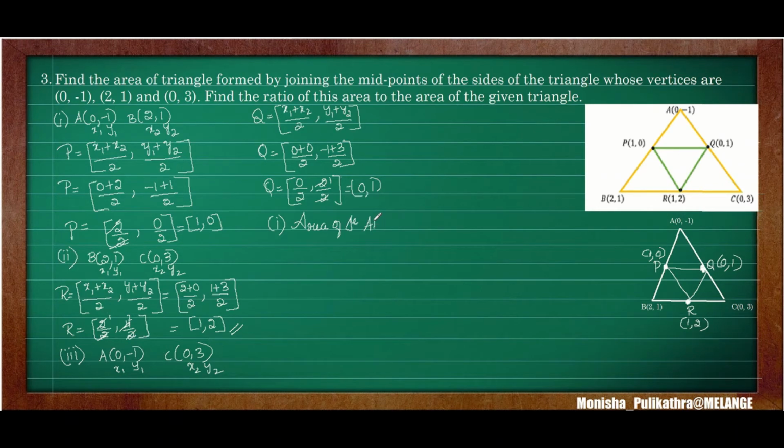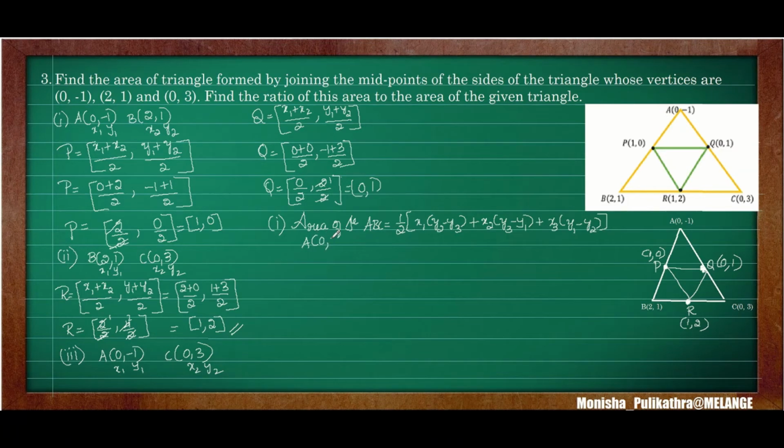So area of triangle ABC is equal to half into x1 into (y2 minus y3) plus x2 into (y3 minus y1) plus x3 into (y1 minus y2). Fine. So here which one is x1, x2, x3?